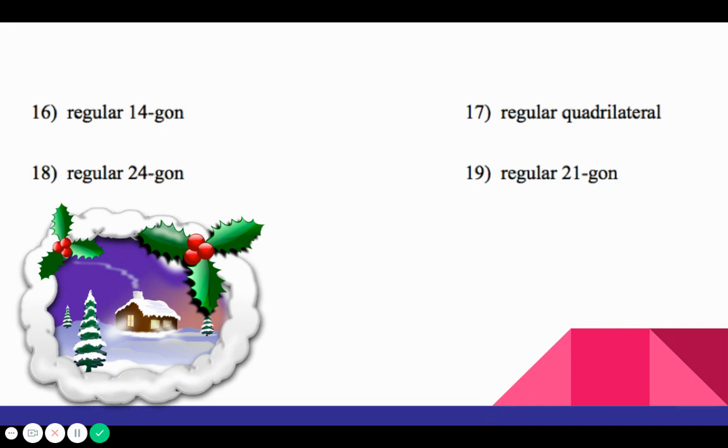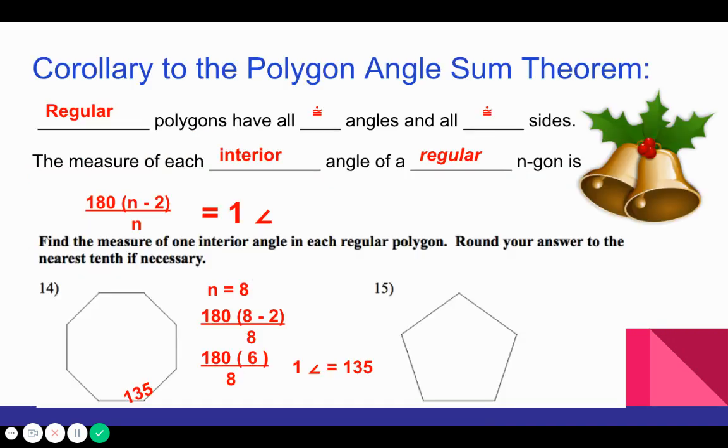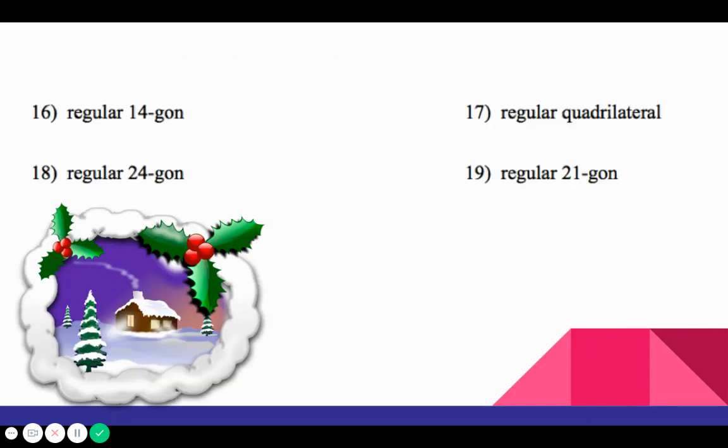So A through F had number 15, G through L had number 16, M through R is number 17, S through V is 18, and W, X, Y, Z is number 19. So work that problem. Bring me the measure of one interior angle in your shape.